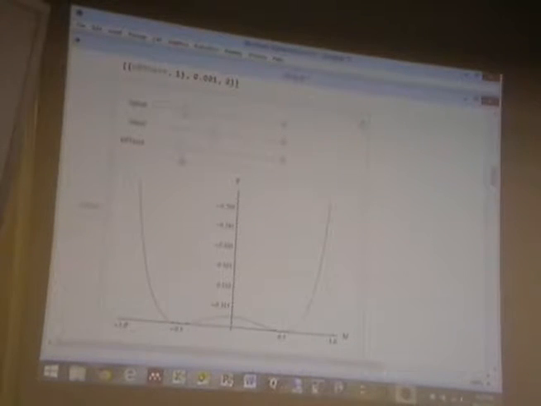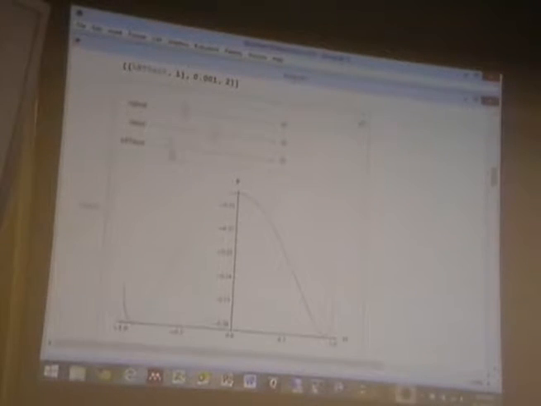Okay, so that is an example where we can see that behavior, and we can see that there's some favored value for the magnetic order parameter, and it's moving away from 0 as the temperature decreases, like that.